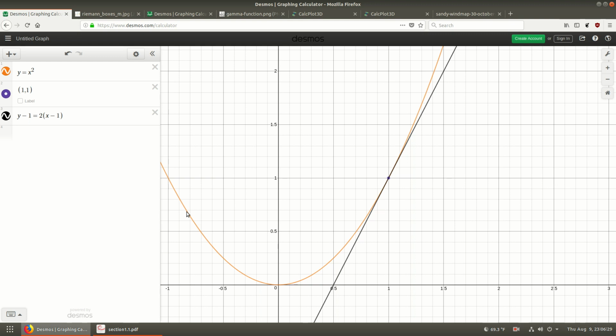Eventually, you switch gears, and you ask a different question than the tangent line question. You ask the area question. And that's the question of, if I have this curve, this orange parabola, and I want to know the area under it, how do I do that? And you ended up with 2 answers in Calc 2 to this question.